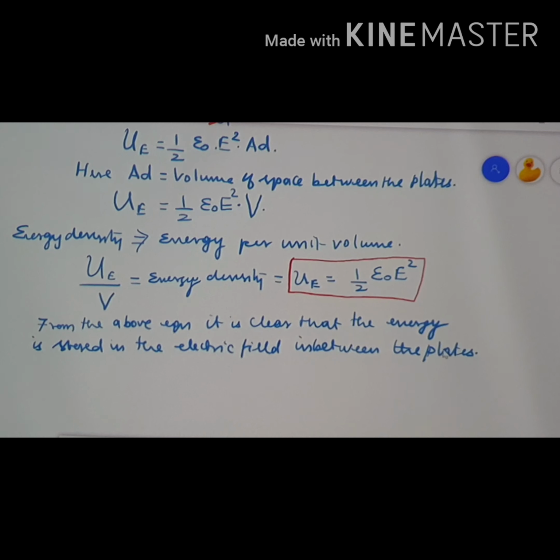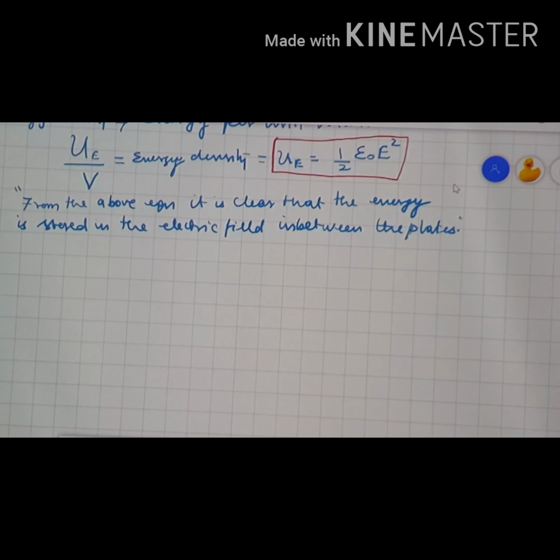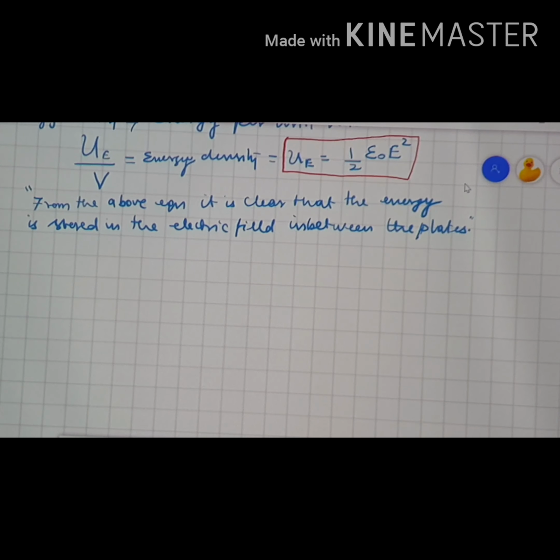Once we connect a battery in between the two plates, there is a transfer of charges in between the two plates. And in order to transfer the charges, work is done.